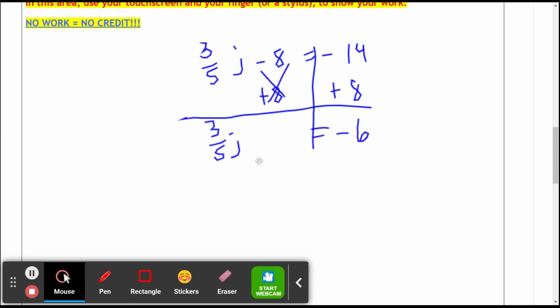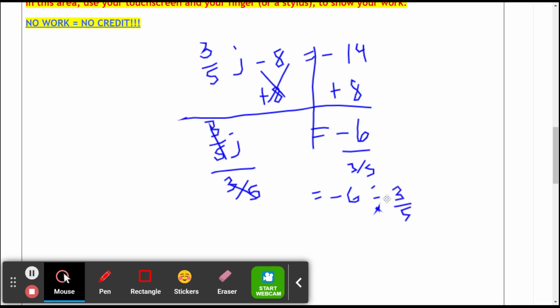Now, what I would probably do here is just divide by 3/5. These cancel like this, and this is divided by 3/5. But instead of writing it like that, I think it would be better if I wrote it as negative 6 divided by 3/5.